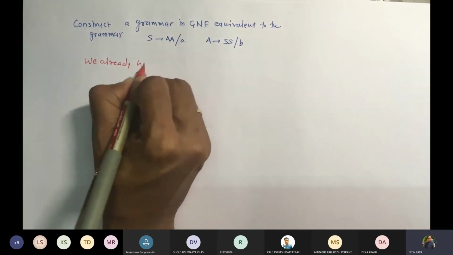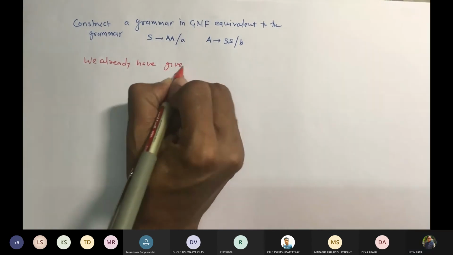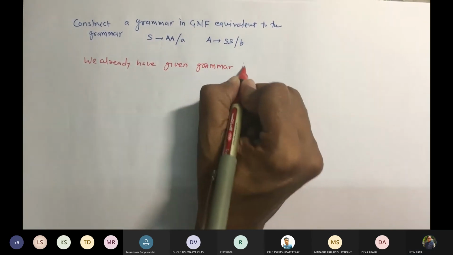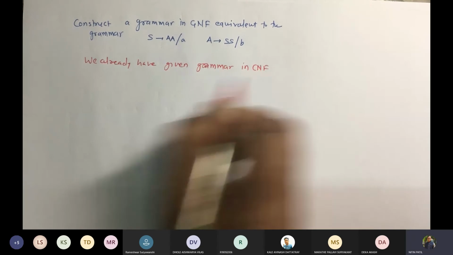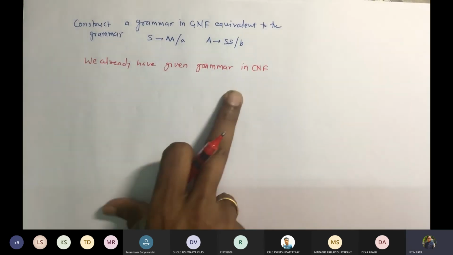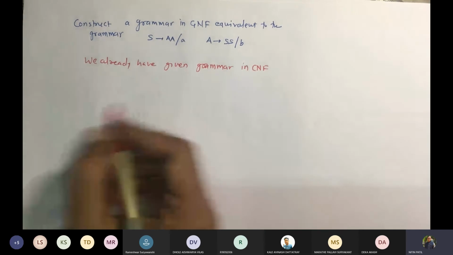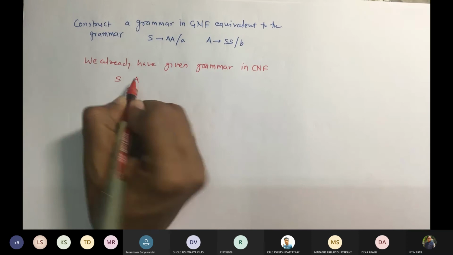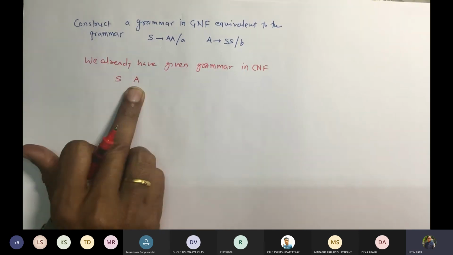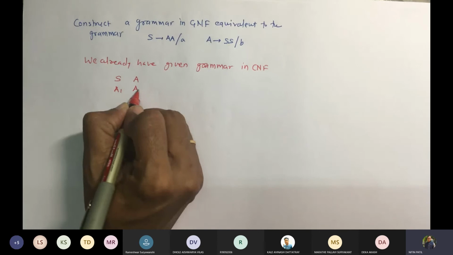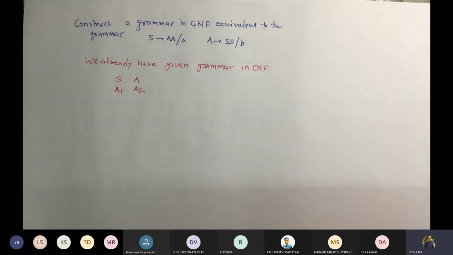Fine. Now as we already have these productions in the CNF form, so we'll write them. The variables that we have are S and A only, correct? In this case, we'll rename them by A1 and A2. Is that okay?